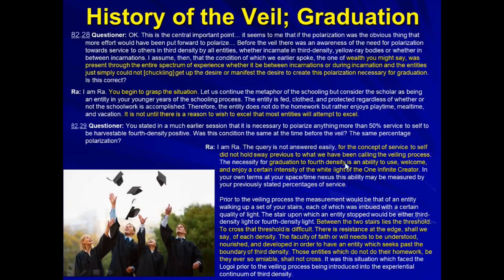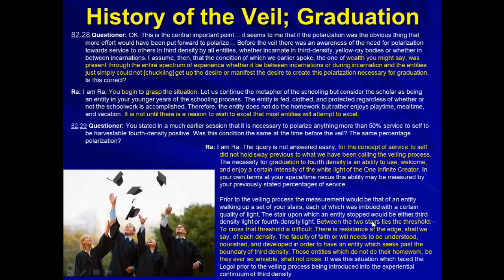We are light beings. He goes on, prior to the veil process, the measurement would be that of an entity walking up a set of your stairs, each of which was imbued with a certain quality of light. Each step, in other words. The stair upon which an entity stopped would be either third density light or fourth density light.